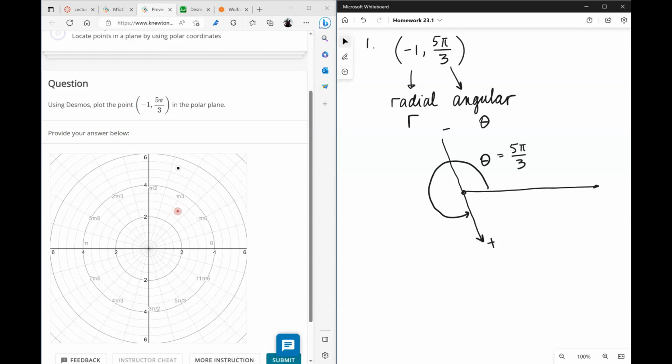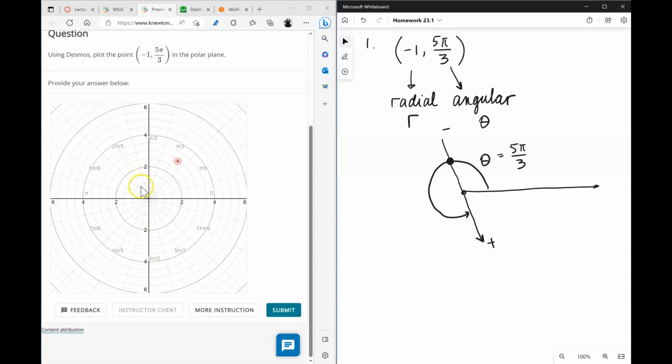And r is negative, so we'll be moving 1 unit in the negative direction, so the point will be somewhere here. Now, on this graph, it will be somewhere here. So this is 5 pi over 3, but we are moving in the negative direction 1 unit.